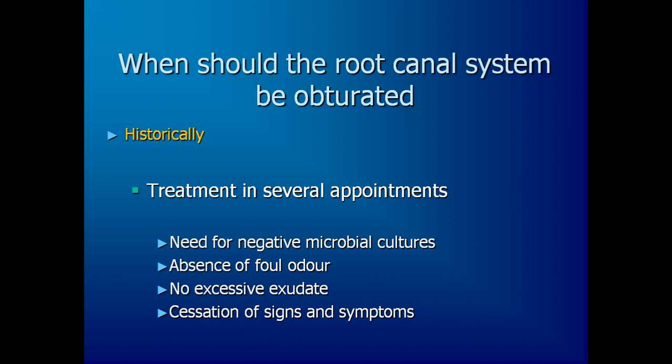So based on that, after a week when the results were obtained, if it was positive, that is, if there was a growth of microorganisms, then again it was shaped and cleaned and then followed with obturation. Or if it was negative, that is, it showed that there was no microorganism growth, then it was continued with the obturation.